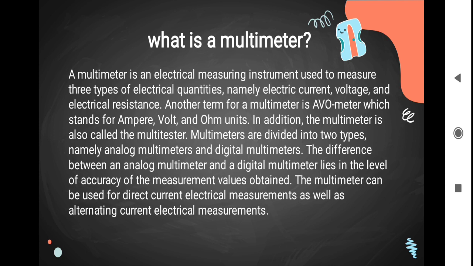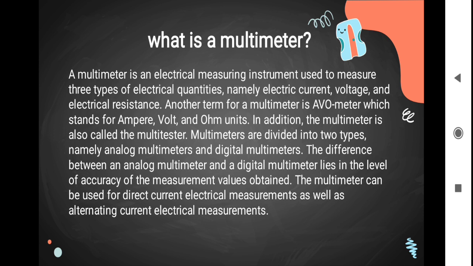What is a multimeter? A multimeter is an electrical measuring instrument used to measure three types of electrical quantity, namely electric current, voltage, and electrical resistance.